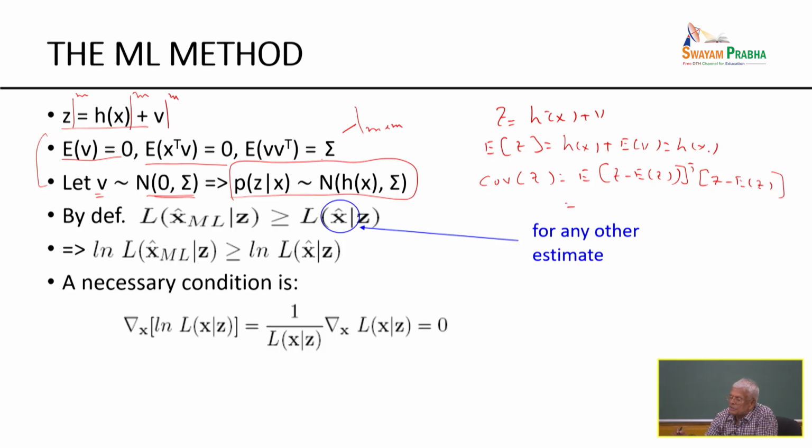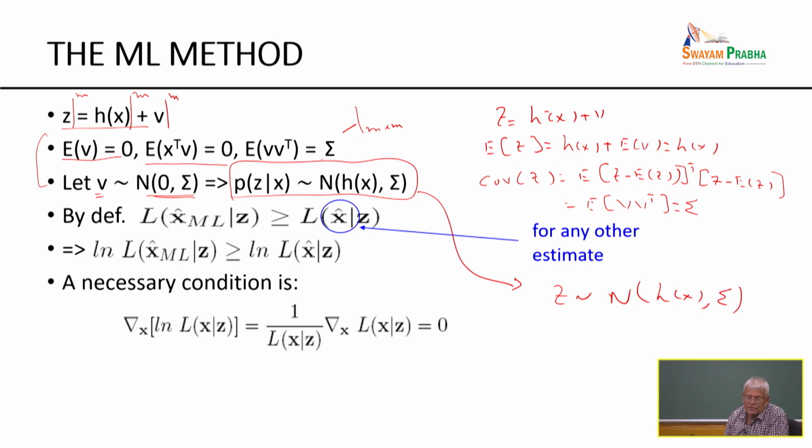But E of z is h of x, and z is equal to h of x plus v. Therefore, this is simply equal to E of v v transpose, that is equal to sigma. V is Gaussian, h of x is a constant, so z is Gaussian. Therefore, z is normal with mean h of x and covariance matrix sigma. So this essentially comes from this argument.